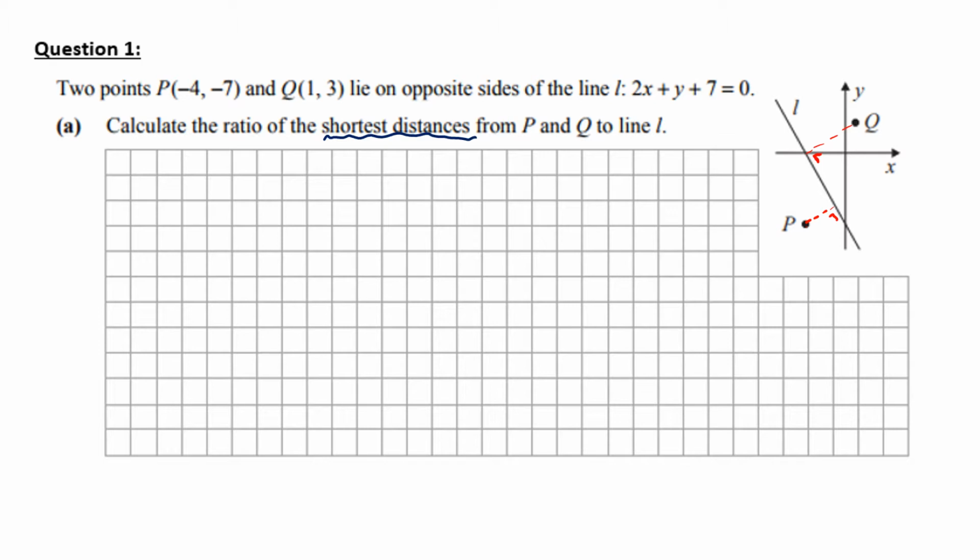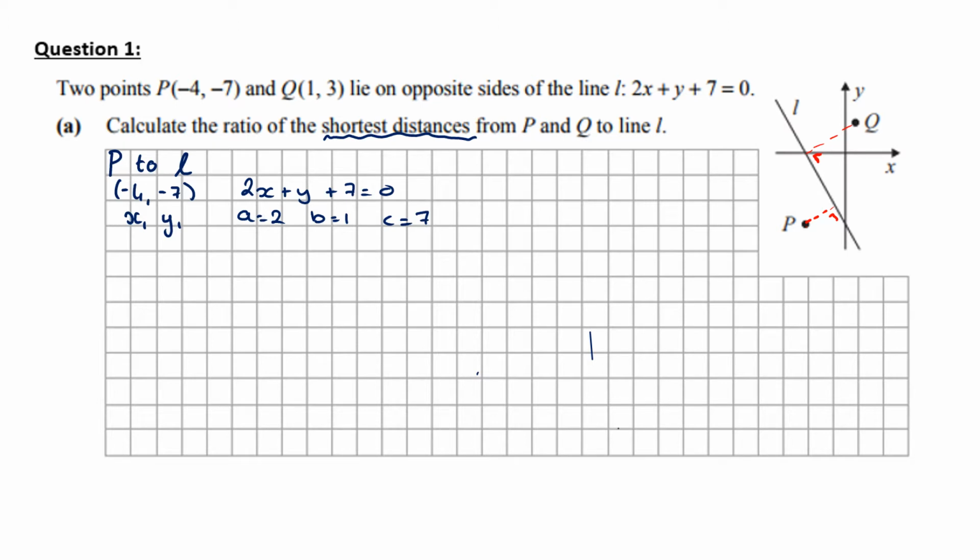So the first thing we're going to do is P to L. We have (-4, -7), which is x1, y1. And we have 2x + y + 7 = 0, which gives A = 2, B = 1, and C = 7.